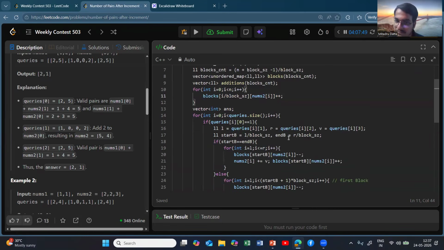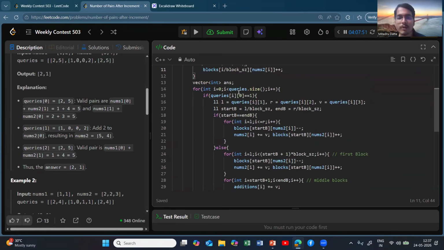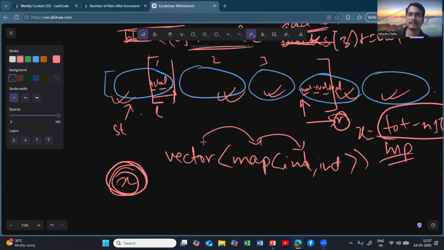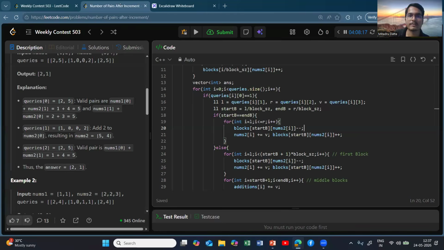Now it's time for the queries. When you get queries of type 1, what do you do? From L to R, you need to do a range update. Just as I told you, how do you do the range update? Starting from L to the end of the start block, you need to iterate and store a plus value for all of this.